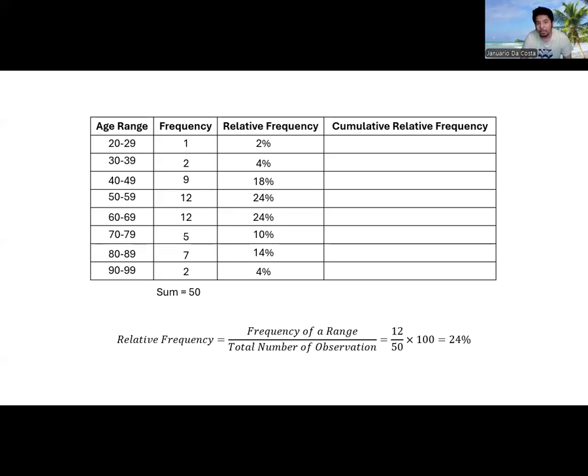Now, cumulative frequency distribution, just like what we did earlier. So just bring down the 2%, still the same thing. But after that first one, you have to add 2% to 4%. That becomes 6%.